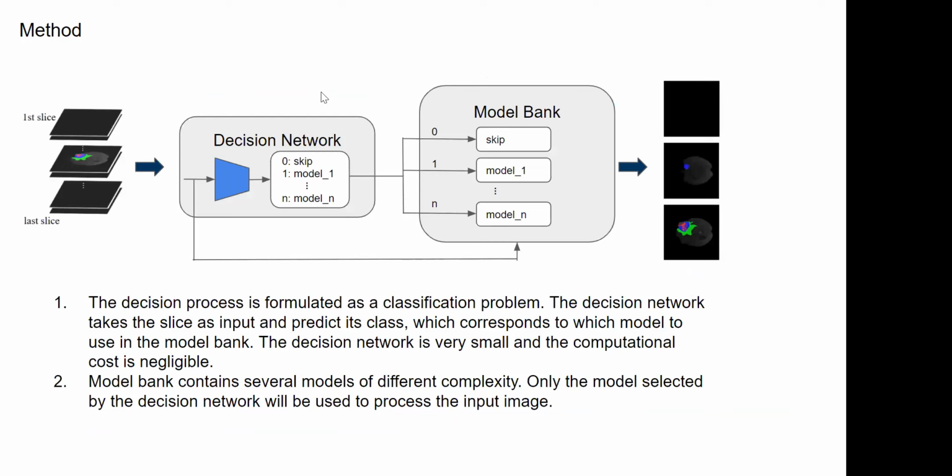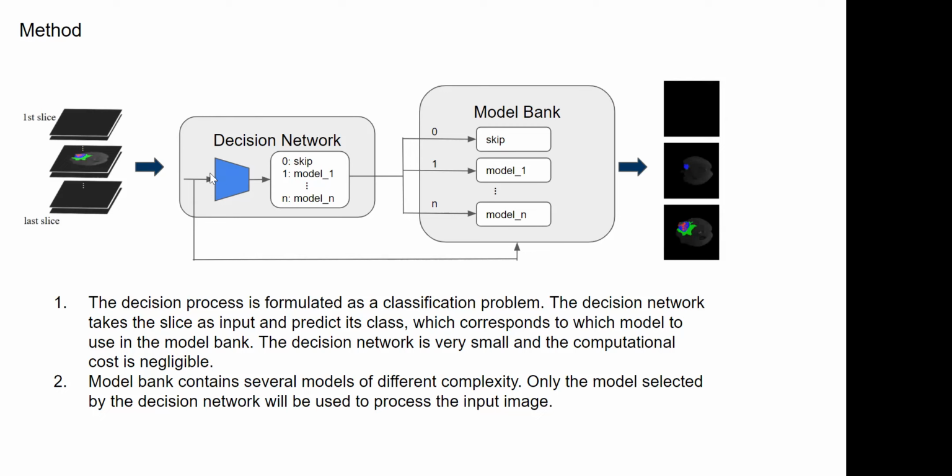This is the method overview, and it basically has two components: the DCE network and the model bank. The DCE network decides which model in the model bank we want to use for a given input slice. For a given input slice, we feed it to the DCE network, which is formulated as a classification problem.